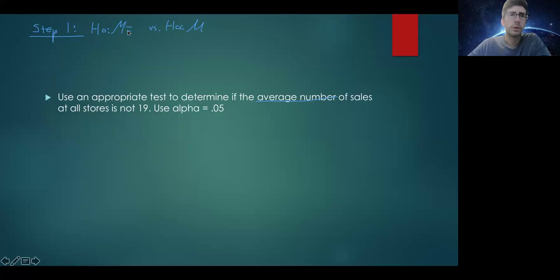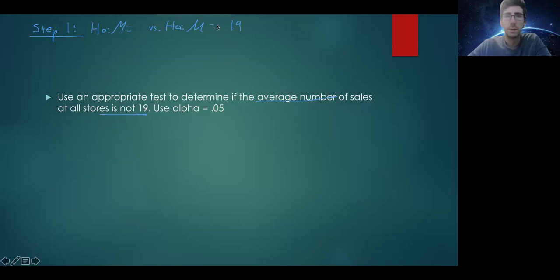We always put the equal to sign in our null hypothesis. We want to test to see if the mean is not 19. So 19 is the value of interest that we have. And because we want to test that the average number of sales is not 19, that means it could be greater than, it could be less than.